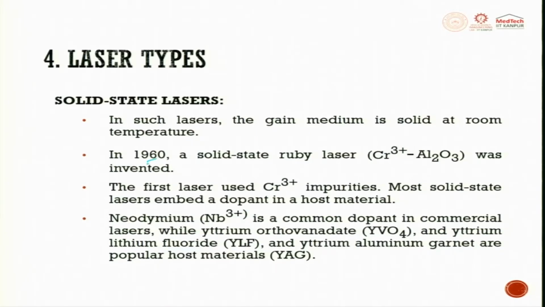It started way back in 1960, but the maturity level came after 1980 in various industries. In 1960, the first solid state ruby laser was invented, but it came into industry to the fullest extent after 1980. So, it is typically only 50 years old.